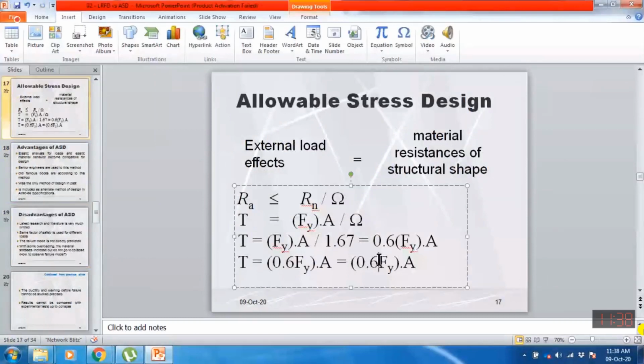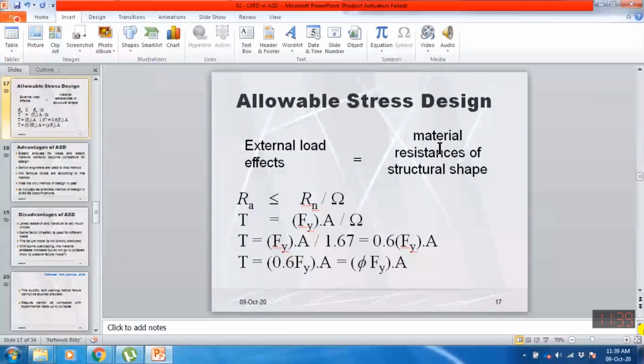So actually 1 over omega is referred to as a phi value. Phi value is the strength reduction factor. In ASD, the factor of safety is used on the right hand side of the equation, with material resistance, which is provided by the structure shape.